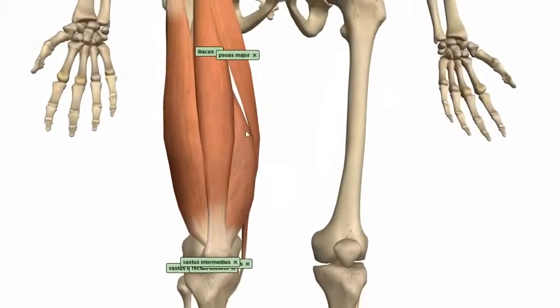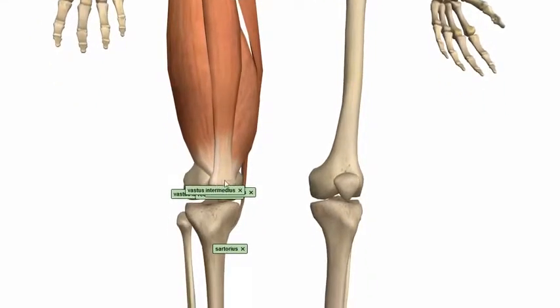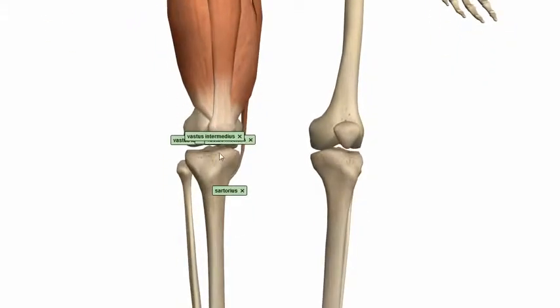The rectus femoris, along with the vastus muscles, inserts via the quadriceps tendon onto the patella bone, and the patella then is attached to the tibia via the patellar ligament. Muscle is attached to bone by tendons, and bone is attached to bone by ligaments.